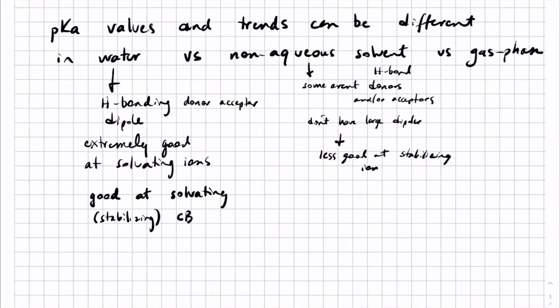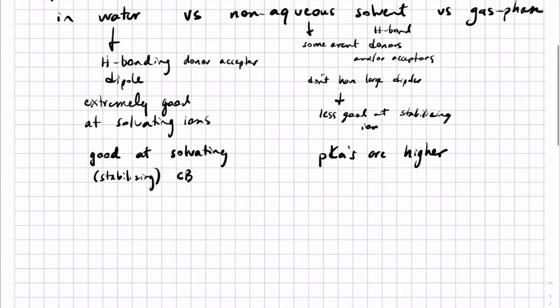So what we generally observe about non-aqueous solvents is pKa's are higher. And we also observe that pKa's are more spread out over a wider range of values.